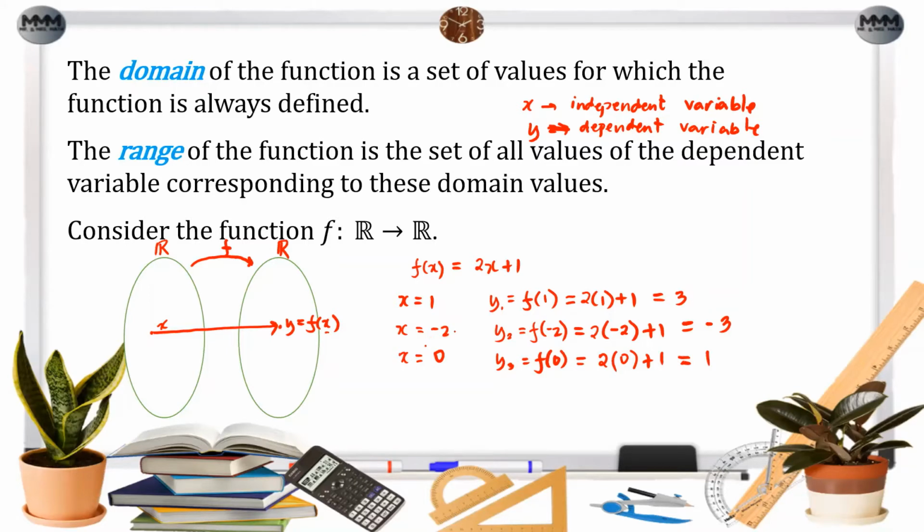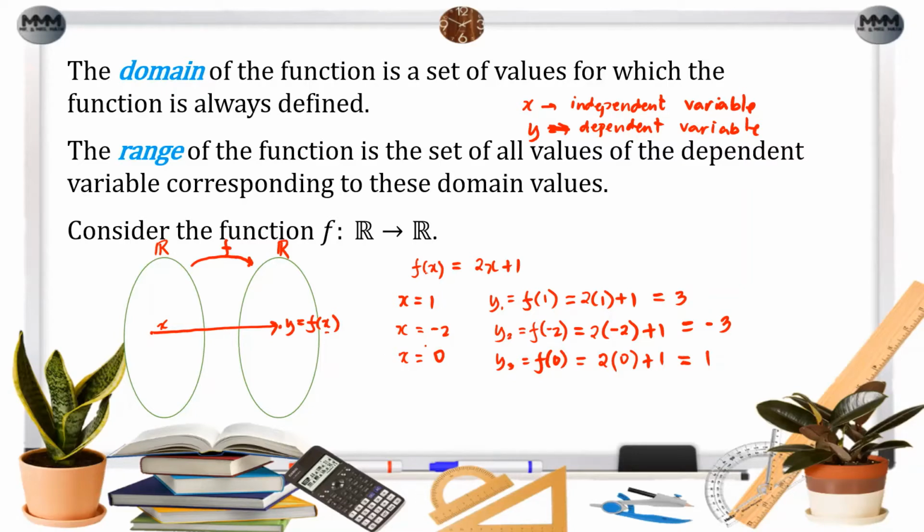When x is negative 2, our y is negative 3. When x is 0, our y is 1. So notice that we assigned any values to x, and the values of our y depend on the values of our x.